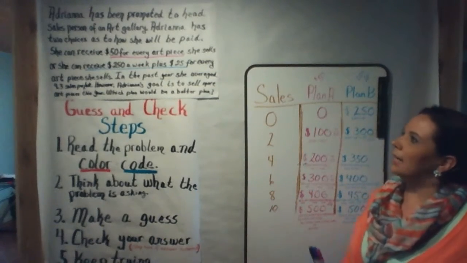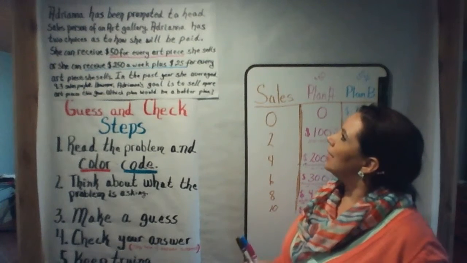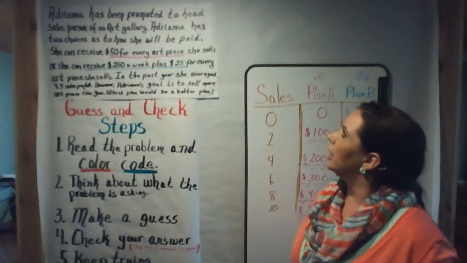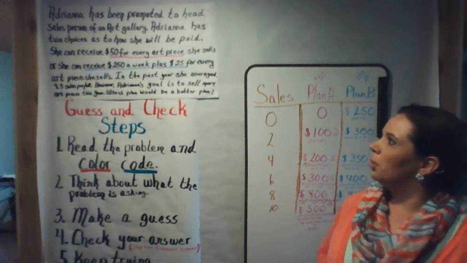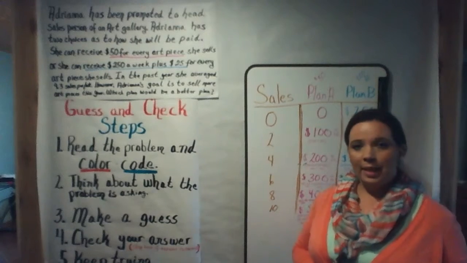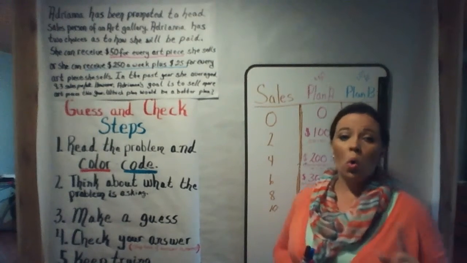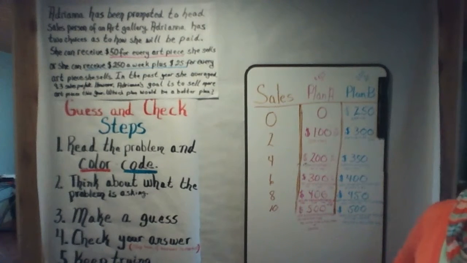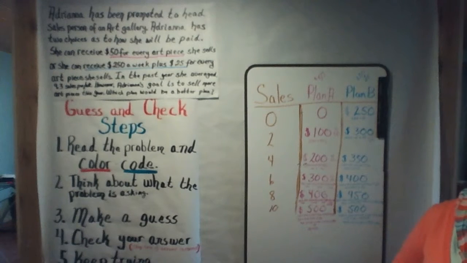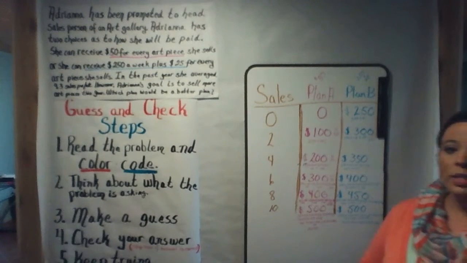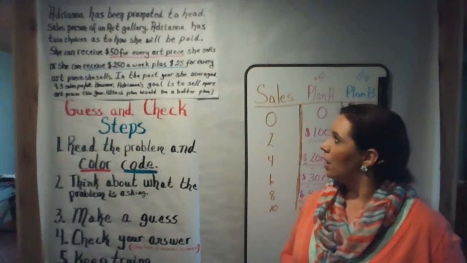All right, let's begin. Adriana has been promoted to the head salesperson of an art gallery. Adriana has 2 choices as to how she will be paid. She could receive $50 for every art piece she sells, or she can receive $250 a week plus $25 for every art piece she sells.